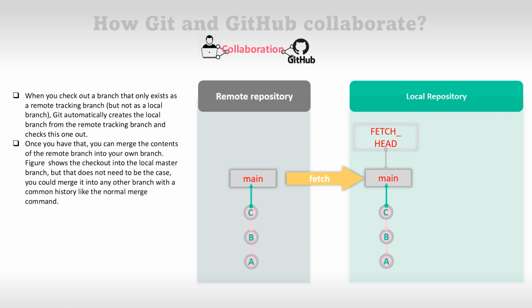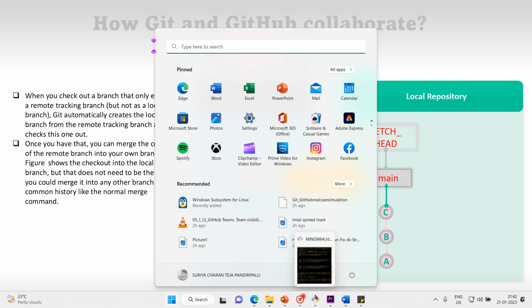How can we do that? What do you want to do? Let's do fetch and merge, or directly pull. Which is better for you?